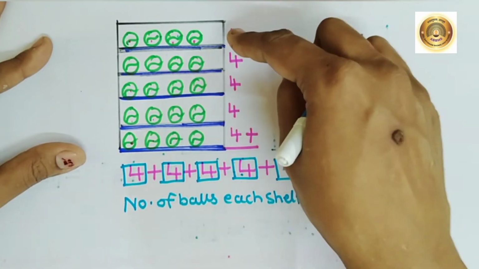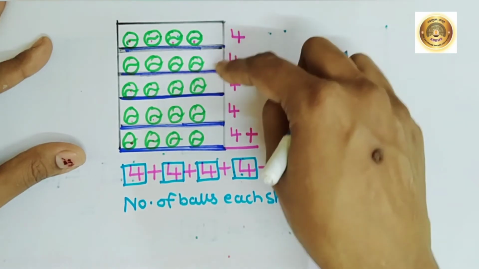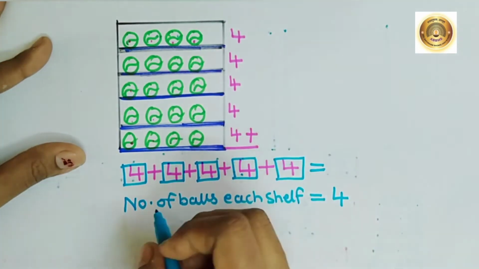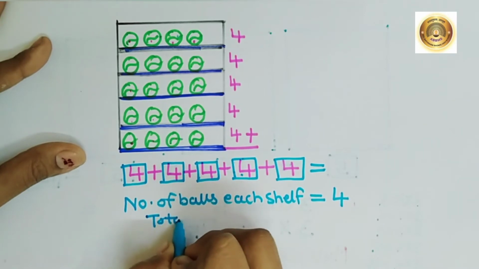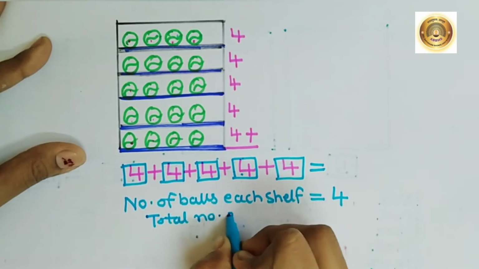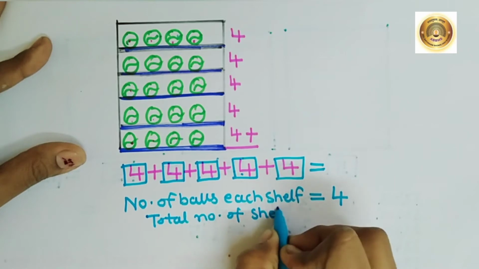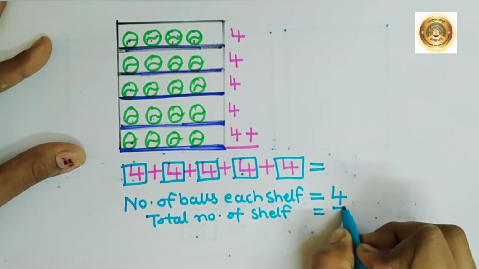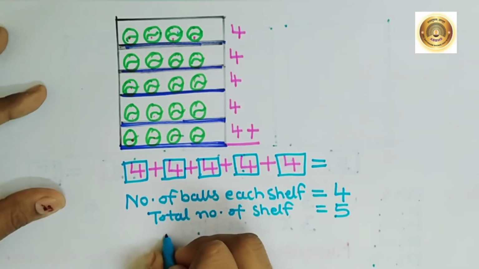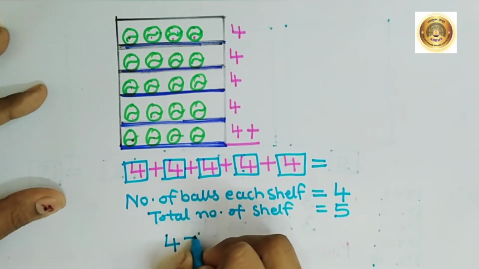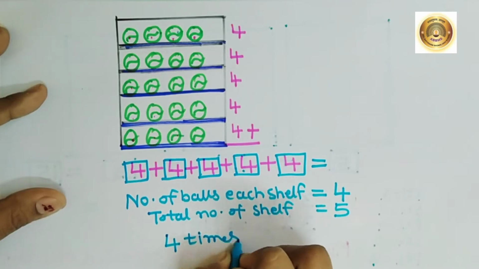How many times we have to add 4? 1, 2, 3, 4, 5 times. So how many rows? The total number of shelf or total shelf is equal to 5. So we can write, we have to add 4 times 5.